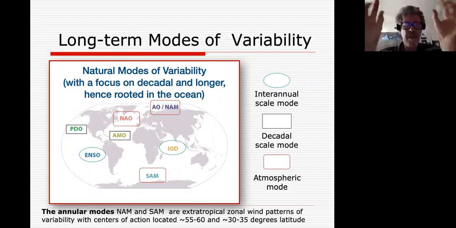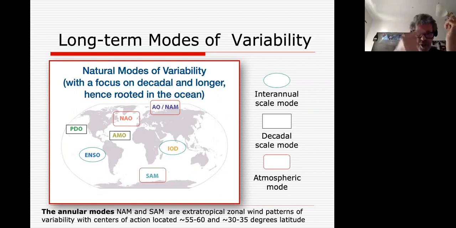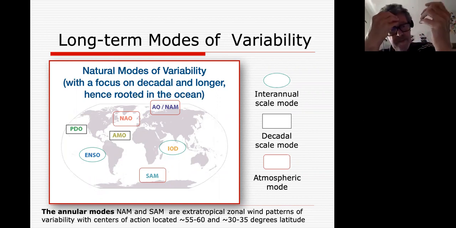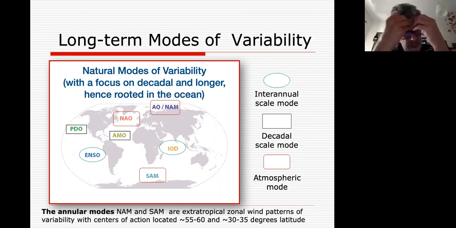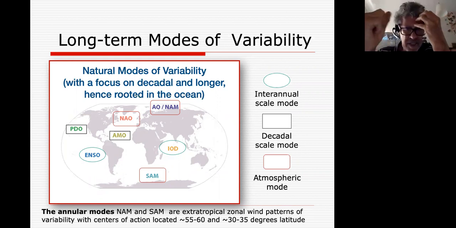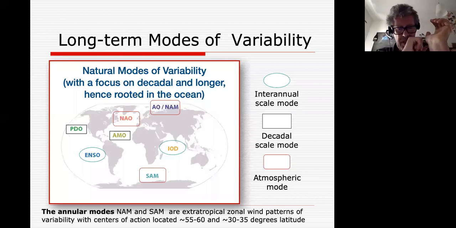And they encompass the whole globe, while NAO is an index that measures the difference or anomaly in pressure between Iceland and the Azores.